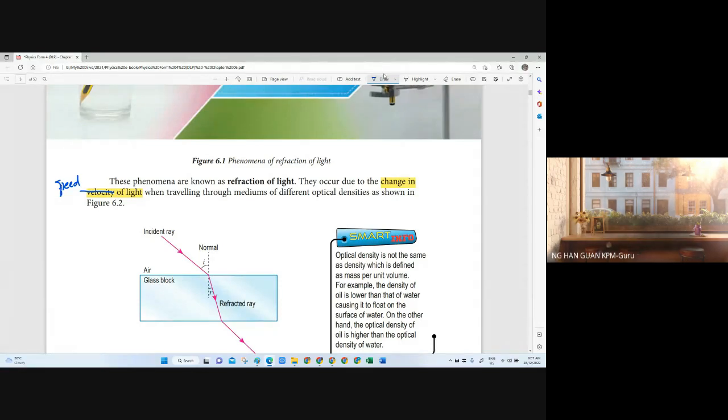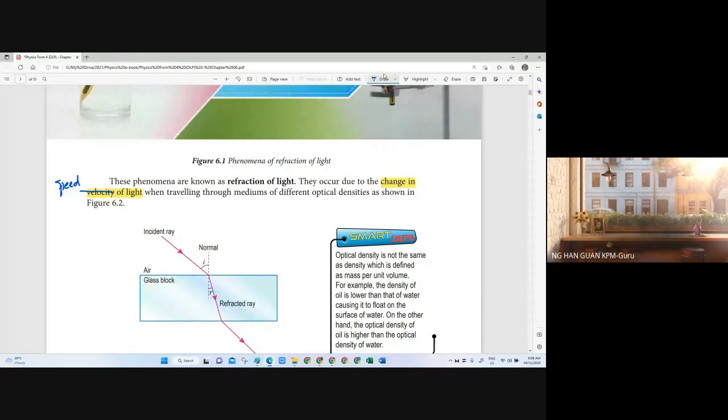Because when we mention the change in velocity, it has 2 meanings. As you know, velocity is a vector quantity, so a change in velocity can be due to a change in magnitude or a change in direction. A vector quantity consists of 2 pieces of information, magnitude and direction.